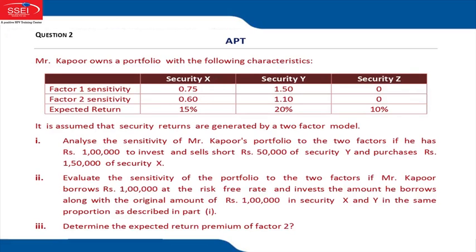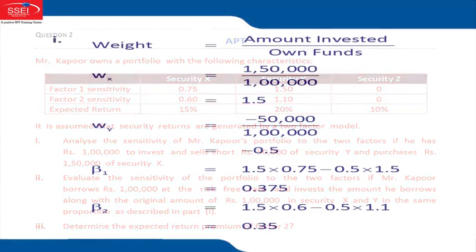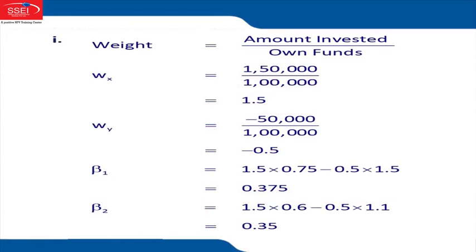If he has 1 lakh to invest, own funds 1 lakh, sells short 50,000 of Y and purchases 1,50,000 of X. You will remember that in class I told you that weight is equal to what we have invested divided by own funds. So the weight of security X is 1,50,000 by 1 lakh, which is 1.5. The weight of security Y is minus 50,000 by 1 lakh, which is minus 0.5. Always check that the sum of weights should be equal to 1.